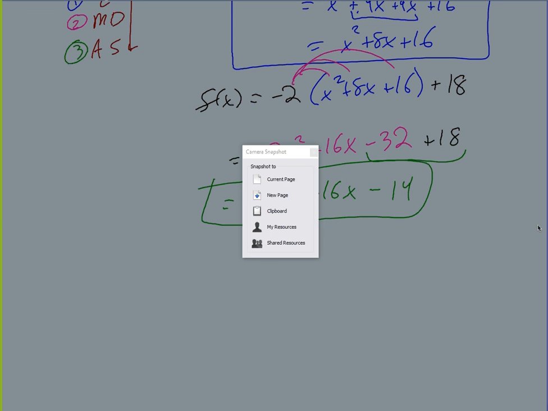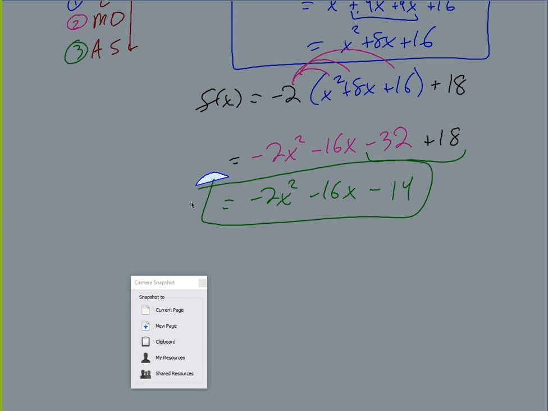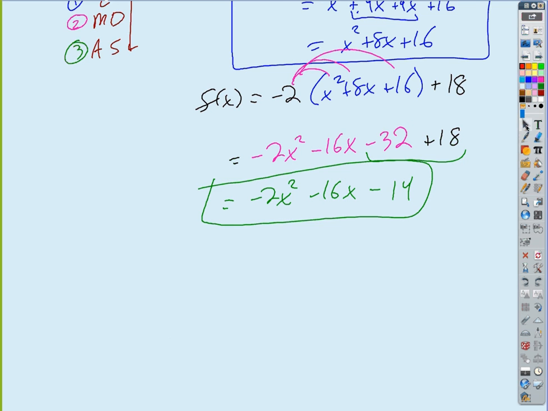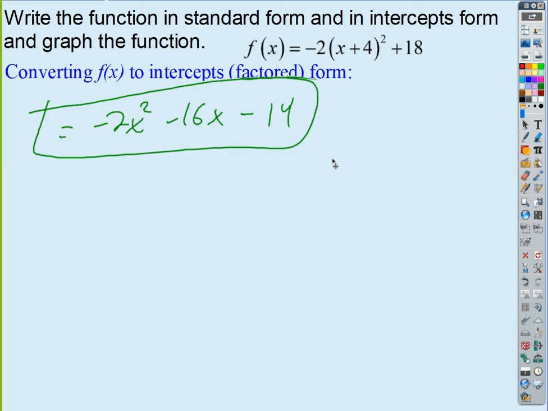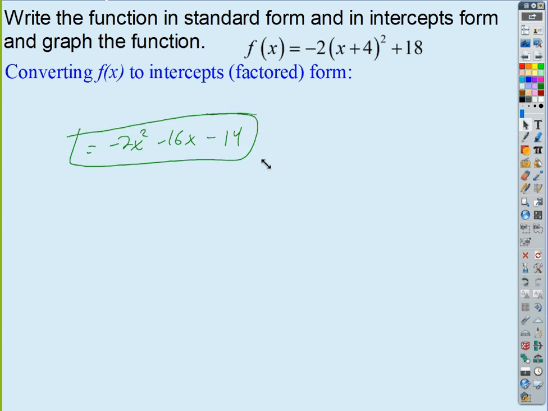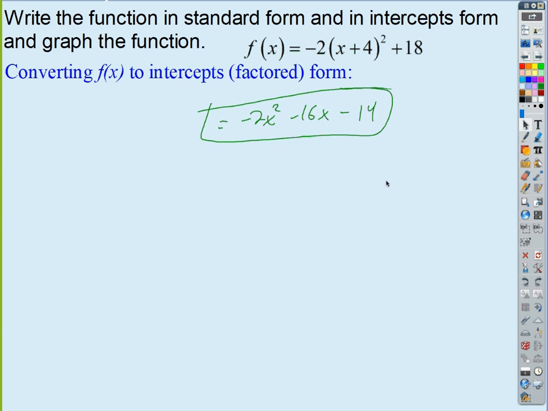So here's, we already did the work to get it into standard form. So we already put it into standard form, right? Once we get it in standard form, now we just factor it.